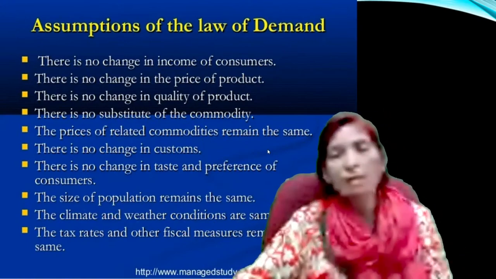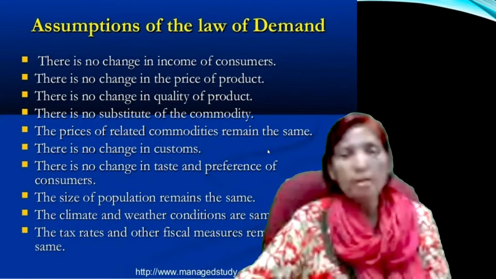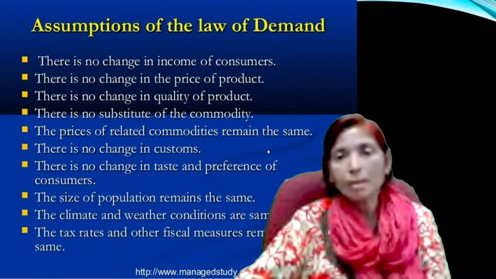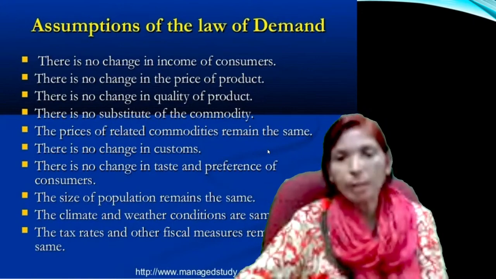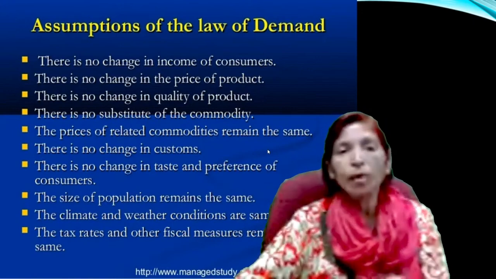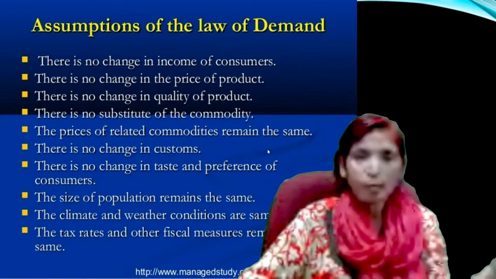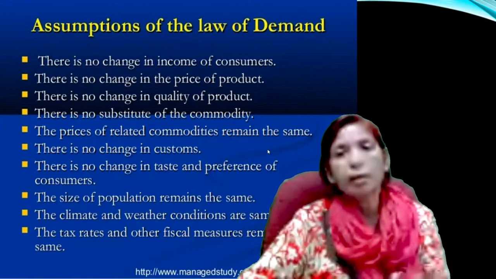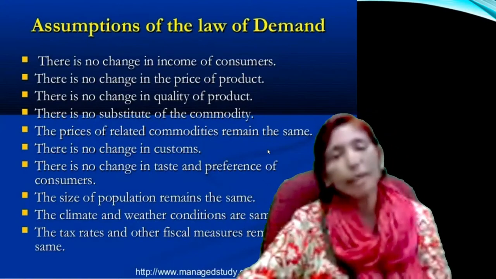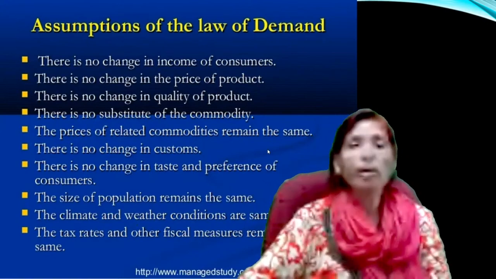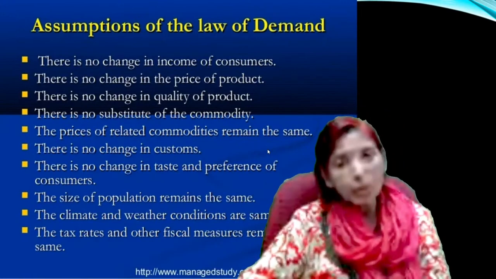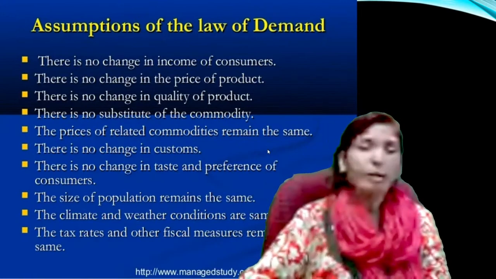If other things remain constant, or ceteris paribus, then this law of demand states the inverse relationship between price and quantity demanded. At higher price, demand will be lower, and at lower price, demand will be higher. That is called the law of demand, which was propounded or developed by Alfred Marshall.